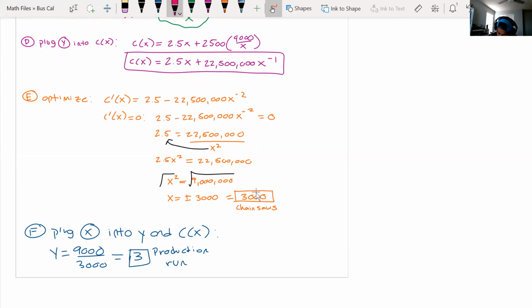And then c of x, or c of 3,000, 2.5 times 3,000 plus 22,500,000 times 3,000 to the negative 1.